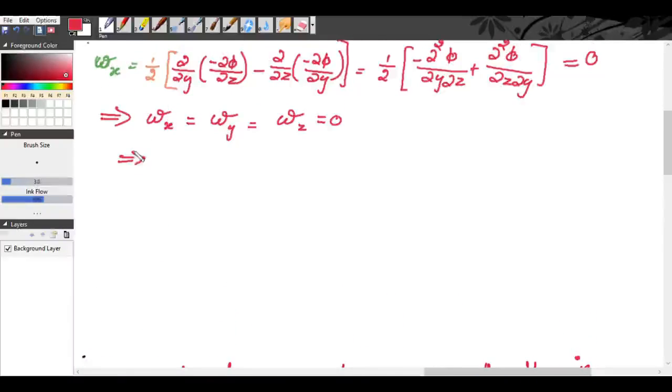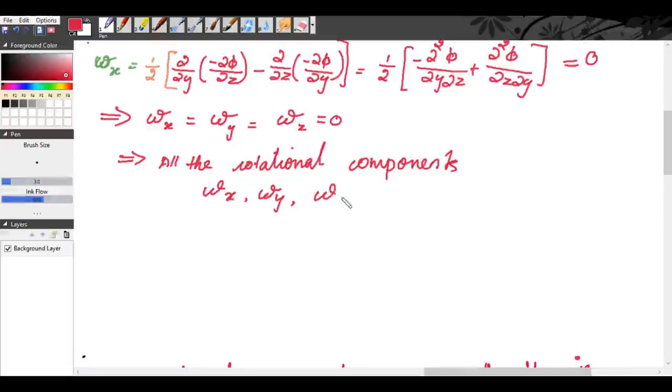See, all the rotational components omega x, omega y and omega z are equal to 0 when the velocity potential exists.